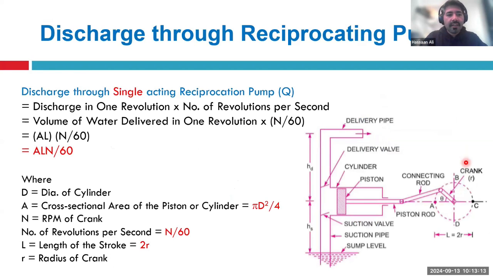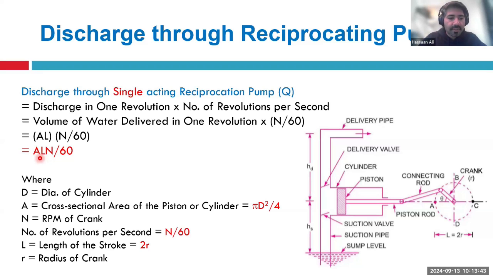For the single acting reciprocating pump, there is a way to calculate the discharge as well as the power that is required. The formula for that is the cross-sectional area multiplied by L multiplied by N, divided by 60, which gives you the discharge per second. In this formula, ALN, A is essentially the cross-sectional area of your cylinder.